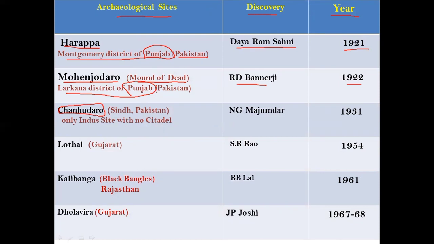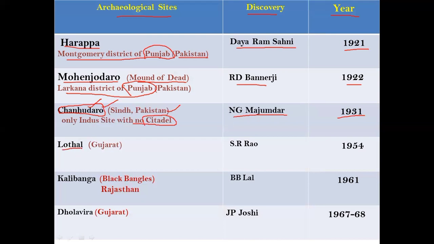Citadel means a fortified place. But Chanhu-daro is the only Indus Valley site where we do not find a citadel, and therefore it becomes very important from the examination point of view. It is also now in Pakistan, discovered by N.G. Majumdar in the year 1931.